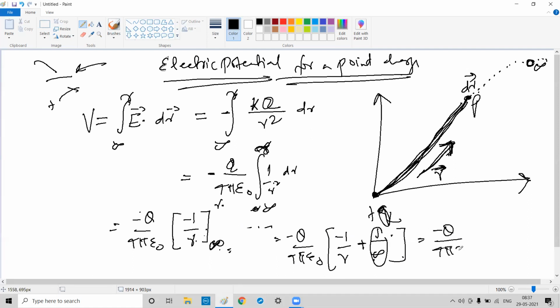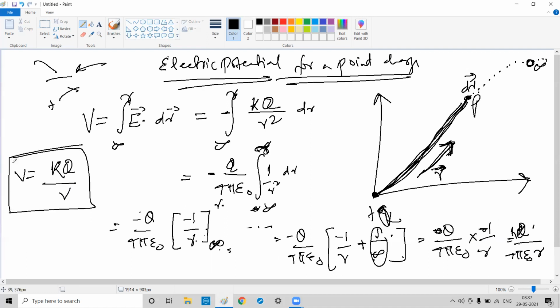So what you are left with is minus q by 4 pi epsilon naught into minus 1 by r. Minus becomes plus, so your answer is q by 4 pi epsilon naught r. This will be your potential, and you can write 1 by 4 pi epsilon naught as k, so k into q by r.